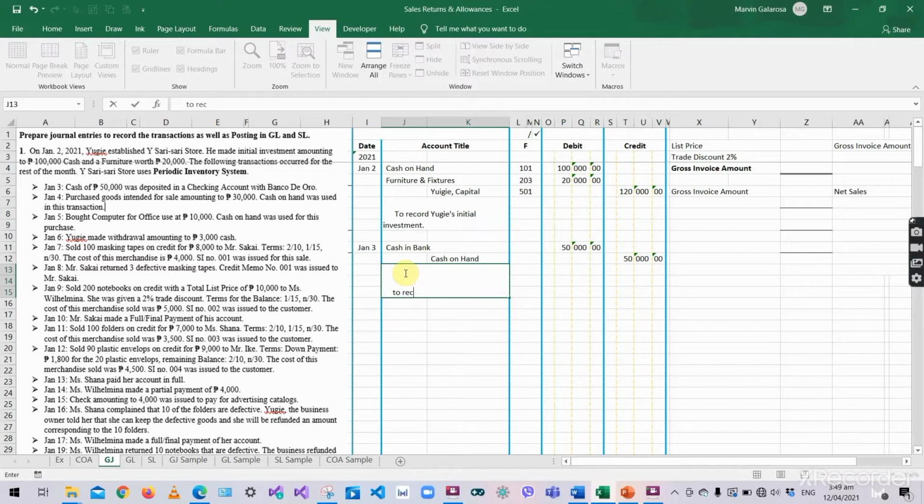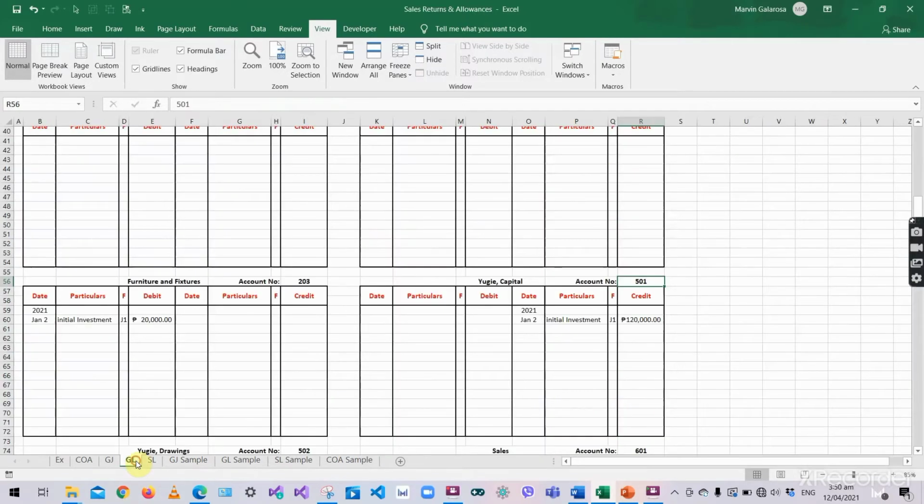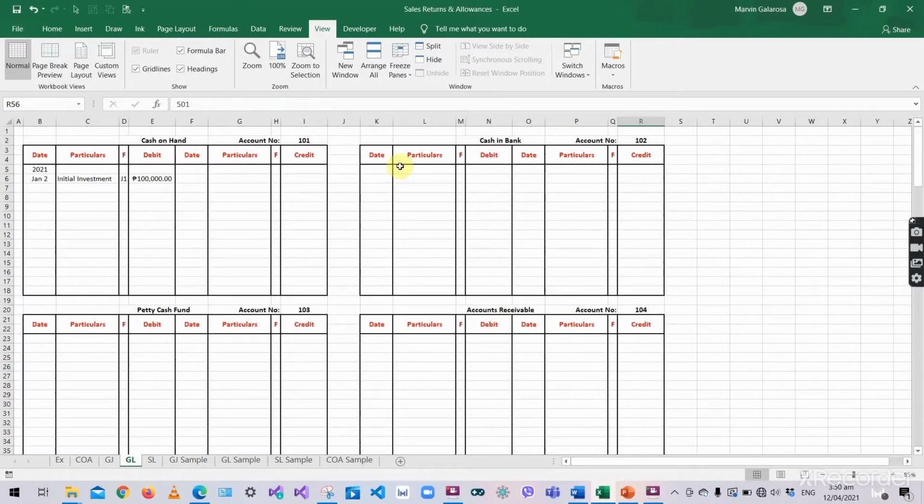To record savings account with Banco de Oro. And after nun, post natin siya sa General Ledger. Cash in bank, 50,000 debit. So, dito sa debit side, 2021, January 3.